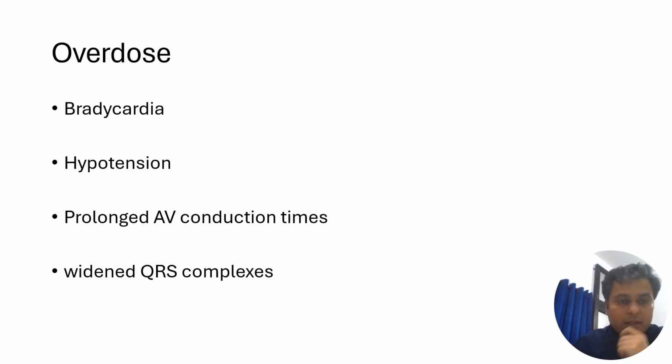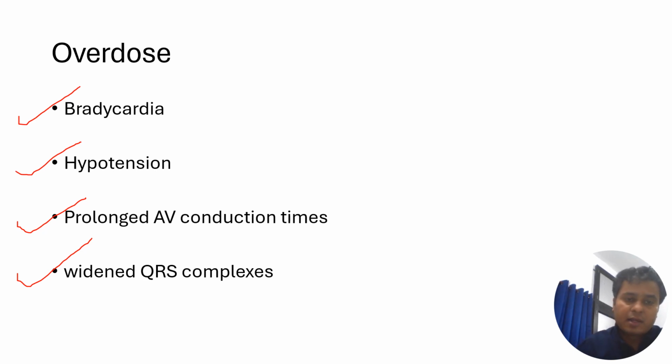So what about overdose? Beta blocker overdose is also a case that can arise. It is usually presented by bradycardia, hypotension, prolonged AV conduction time, and widened QRS complexes. Bradycardia, as we have already discussed, is something beta blockers very often cause.